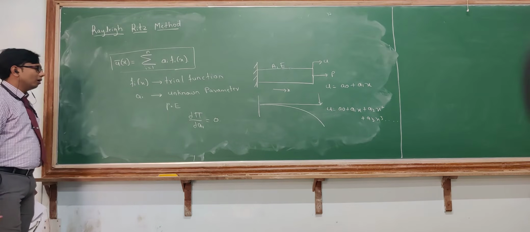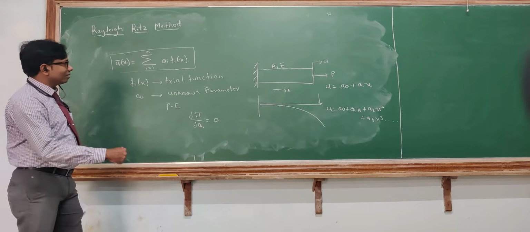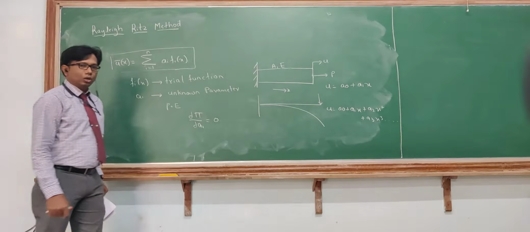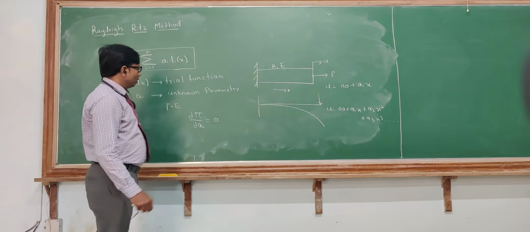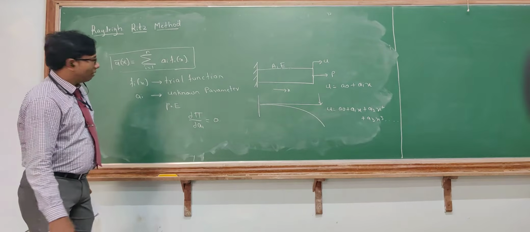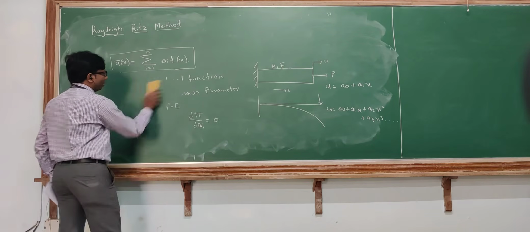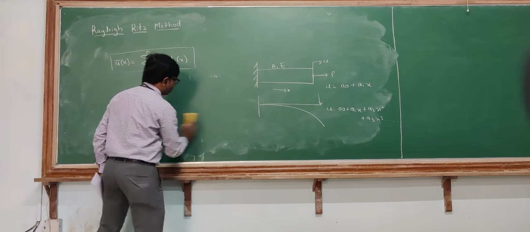Here you need to know overall how things are done. It has certain steps. If you follow those steps, you can easily calculate the displacement of the bar or a beam using the Rayleigh-Ritz method. First, I'll explain what the steps are to be incorporated for this particular solution.